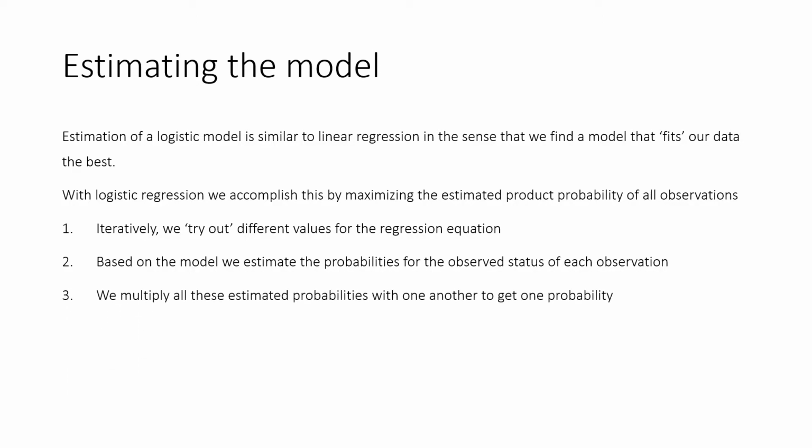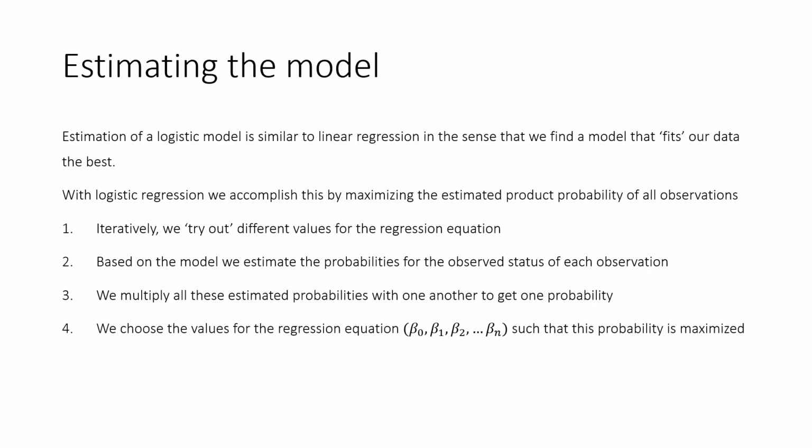And we multiply all of those probabilities with one another to get one final probability. And then finally, we choose the values for the regression equation in such a way that that probability is maximized, which makes the model the most likely. And to no surprise, we call that maximum likelihood estimation. So we choose the values for the regression equation in such a way that the probability of the model is maximized.